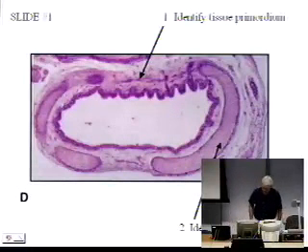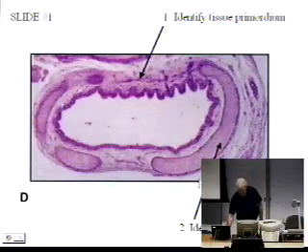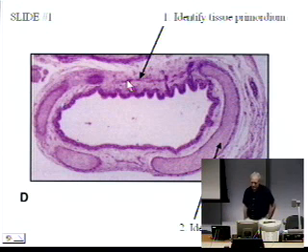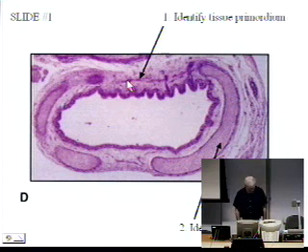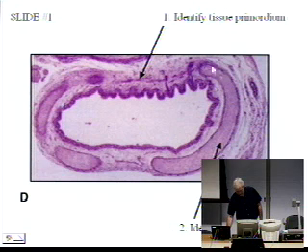Question number 1 from slide 1. You can see the arrow is pointing to these little pinkish structures that are broken and cross through this portion of this structure seen in cross-section. Identify the tissue primordium for that. And the same question is asked for this type of tissue here.